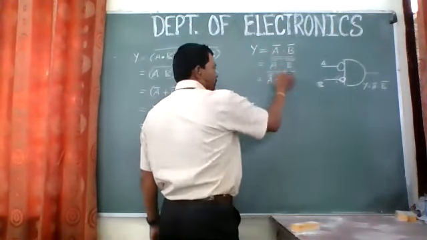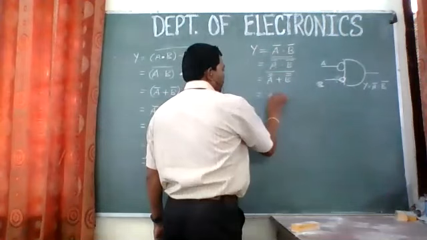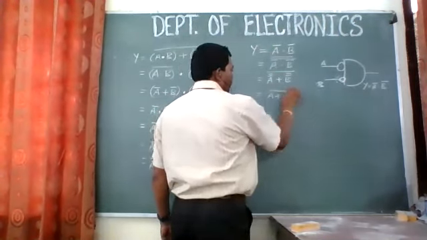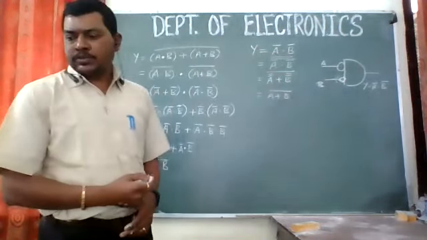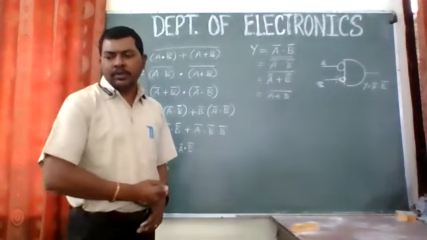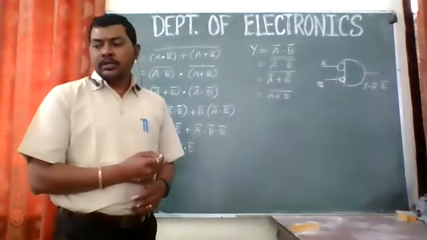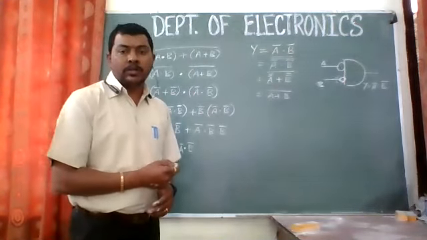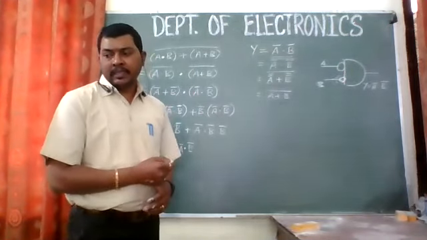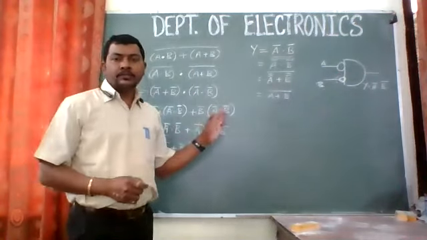This complement and complement get cancelled, and we'll have A plus B complement only. So it is shown that the bubbled AND gate is equivalent to the NOR gate, right?